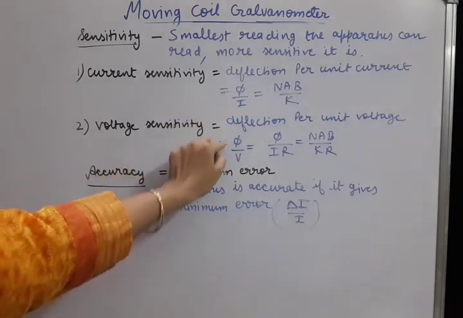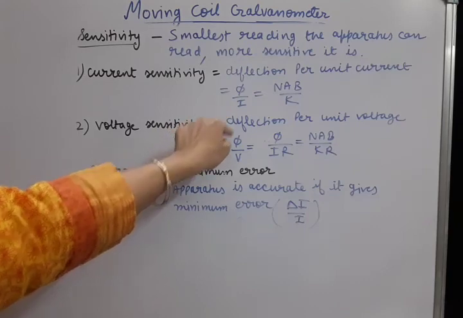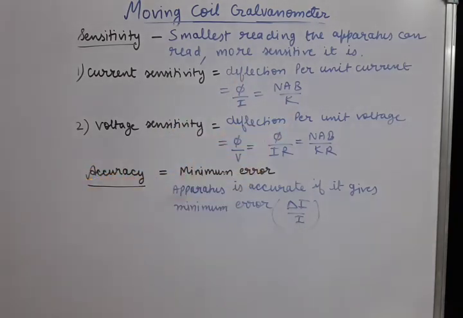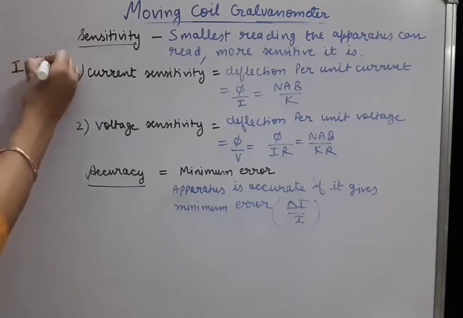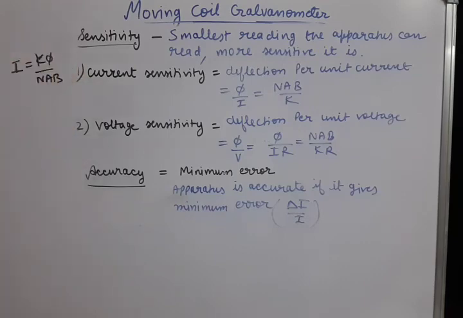Now this is the basic formula. On what factors will these sensitivities depend? For that, we have just proved that I equals K phi upon NAB. Using this relation we will make phi upon I. Phi is already here, I we shift down, so NAB upon K goes to that side.